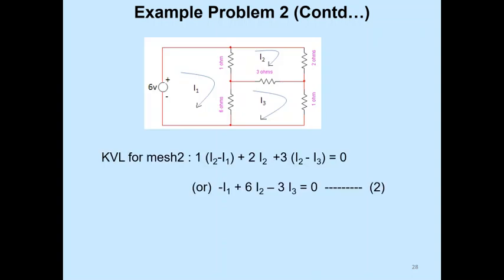And the second mesh equation is 1 into I2 minus I1 plus 2 I2 plus 3 into I2 minus I3 is equal to 0, or minus I1 plus 6 I2 minus 3 I3 is equal to 0.